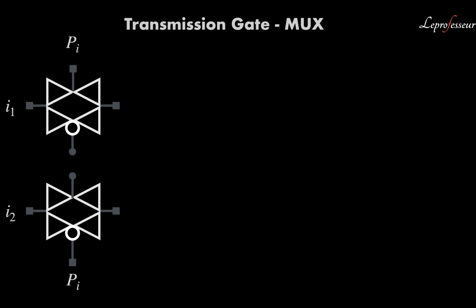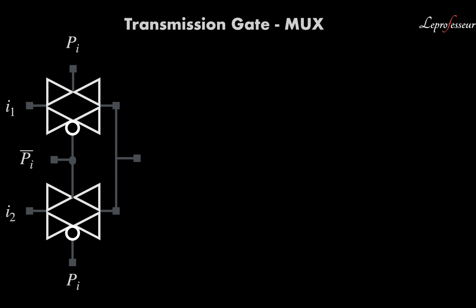All right. Now, how can we use transmission gates to make a circuit of the multiplexer? Let's look at it. We have, let's say, two transmission gates. One transmission gate is for transmitting I1 to the output, and the other transmission gate is to drive I2.